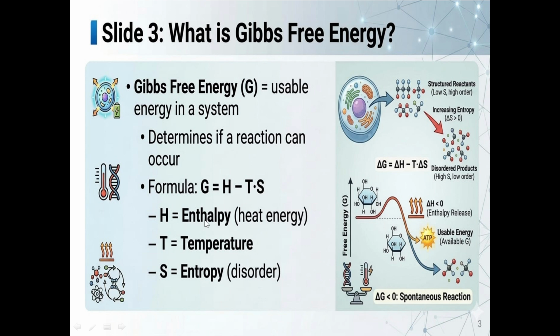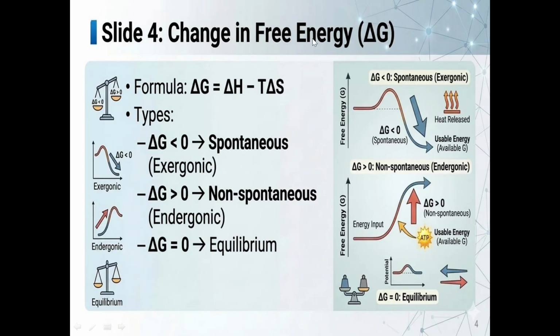H is the enthalpy, which means the heat energy in the body, T is the temperature of the body, and S is the entropy, which is the disorder created due to the chemical reactions. And now the change in free energy, which is also called delta G. The formula for this change in free energy is delta G equals delta H minus T delta S.